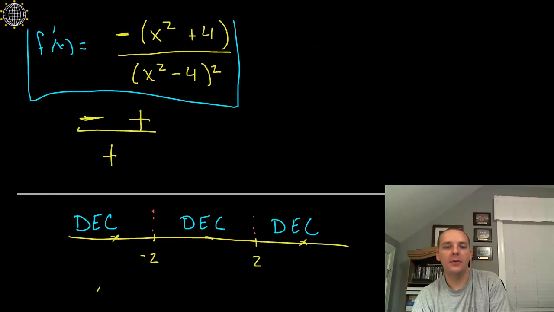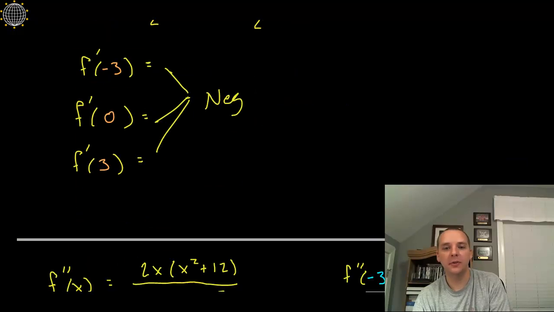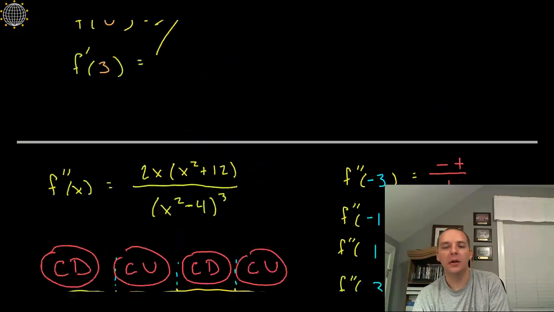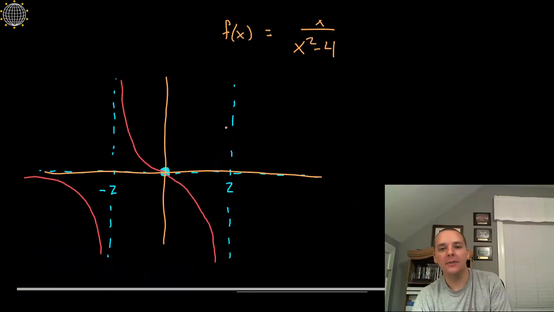And then after 2, it looks like we're still decreasing forever, but in a concave up kind of way, right? Decreasing in a concave up way, and hug this vertical asymptote and hug this horizontal asymptote. The only way I think you could do that would be right here.